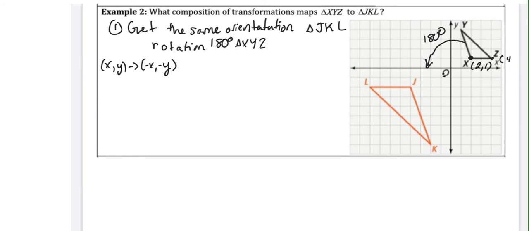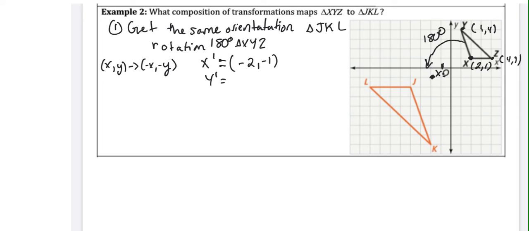Z is at 4, 1. And Y is at 1, 4. So what we need to do is take the opposite of all of them. X prime becomes, 2, 1 becomes negative 2, negative 1.